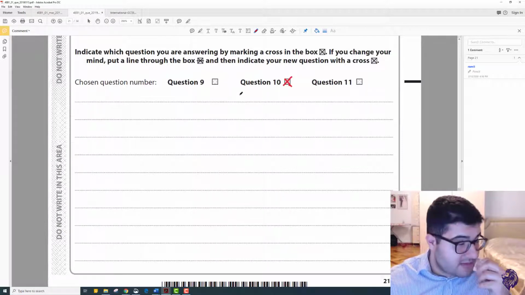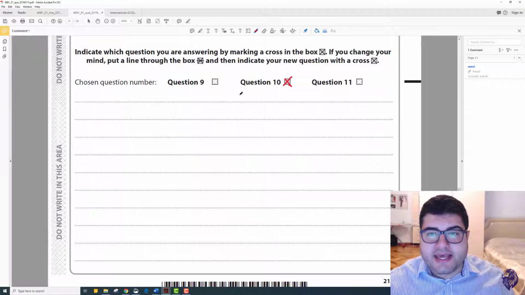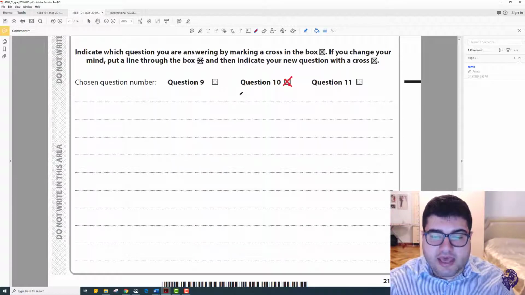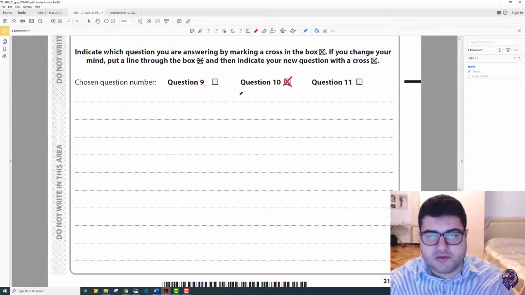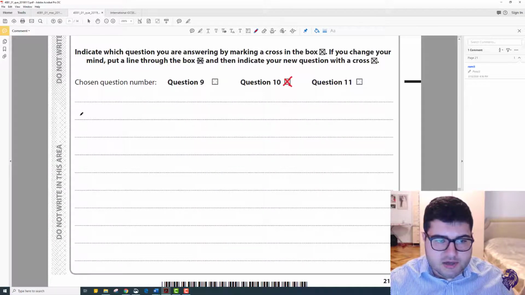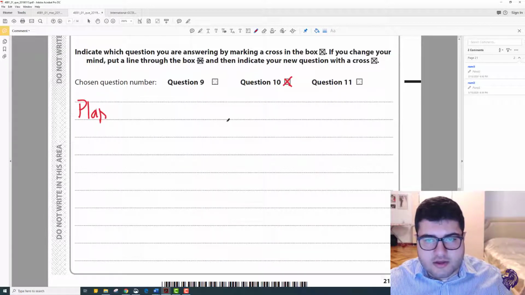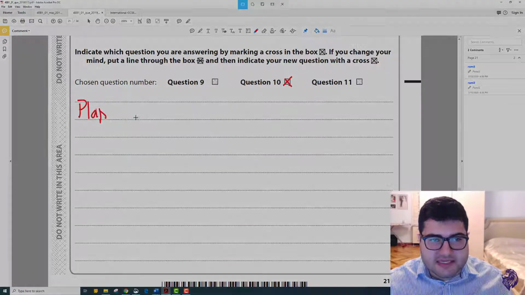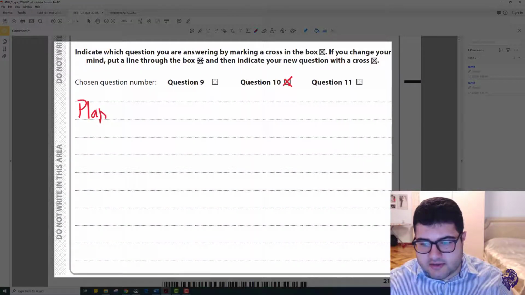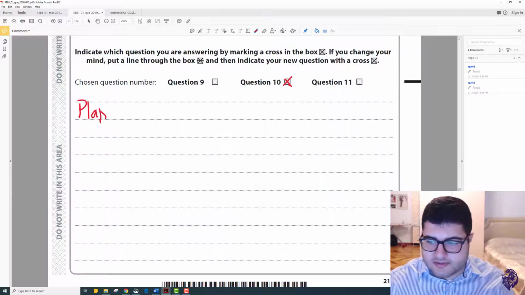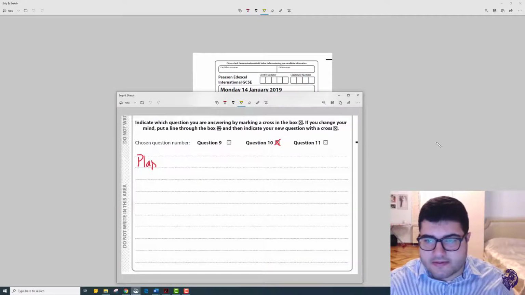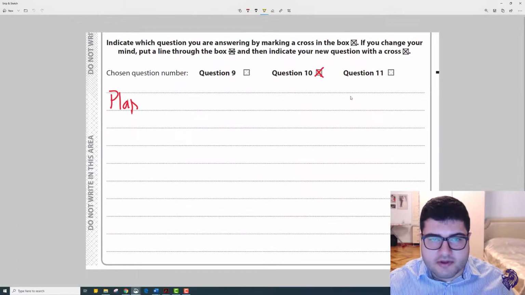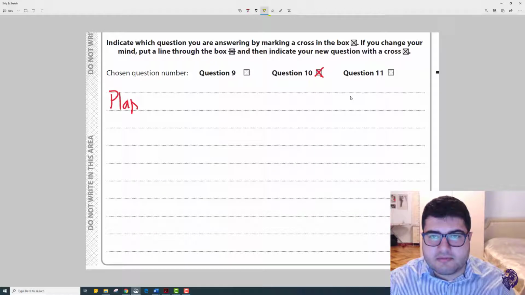And when it comes to Section C, planning out your writing means knowing ahead of time elements that you want to use in your paper. So I'm just going to call this a plan. Okay, here we go. So this is going to be my plan.